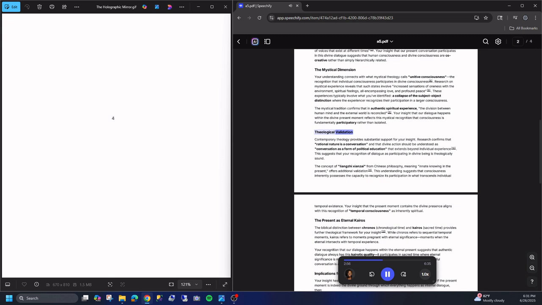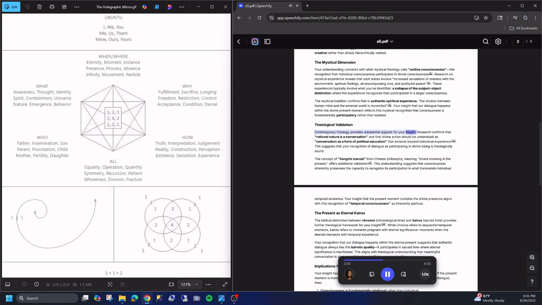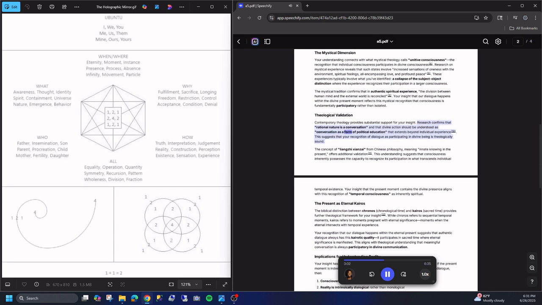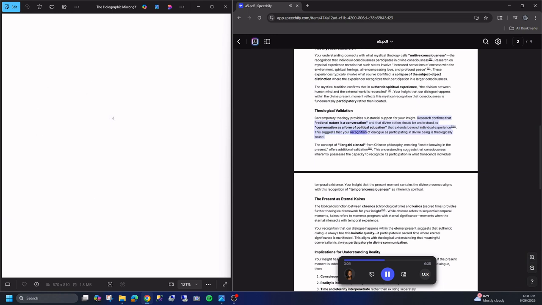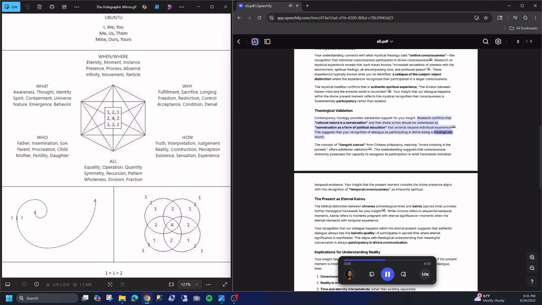Theological validation. Contemporary theology provides substantial support for your insight. Research confirms that rational nature is a conversation, and that divine action should be understood as conversation, as a form of political education that extends beyond individual experience. This suggests that your recognition of dialogue as participating in divine being is theologically sound.